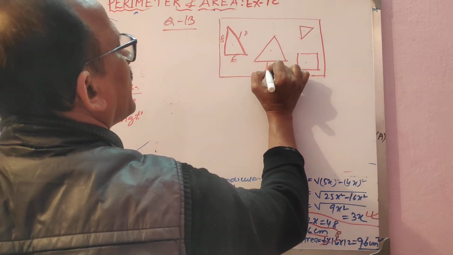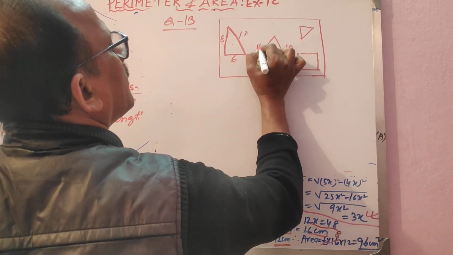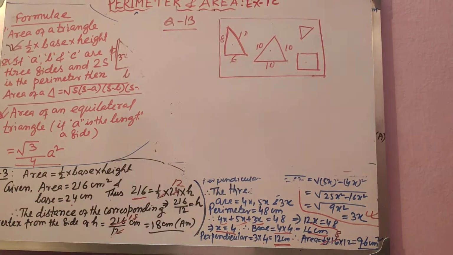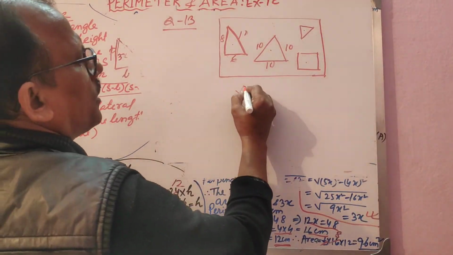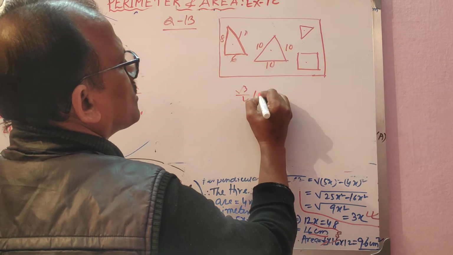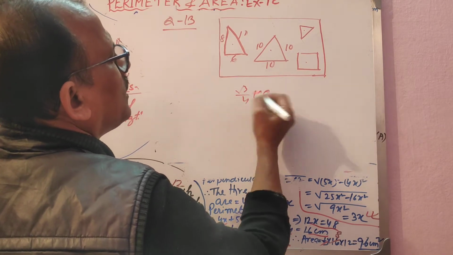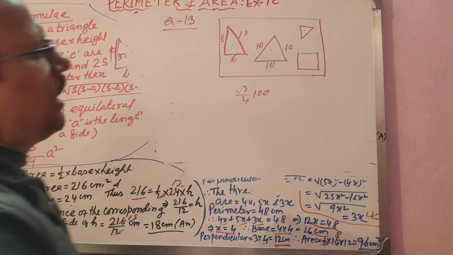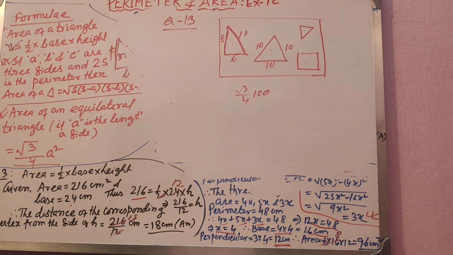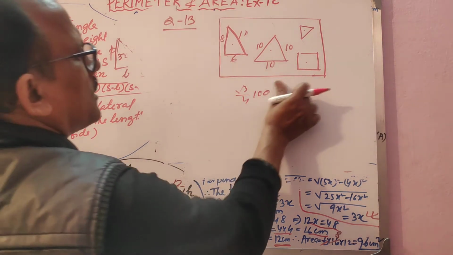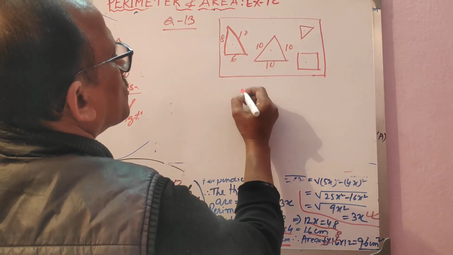Here it is given 10, 10 and 10, so it is an equilateral triangle, root 3 by 4 a square. Root 3 by 4 a square means 10 square, that is 100. You will find out the area of this also. If you don't want to go for that formula, Heron's formula also will do.